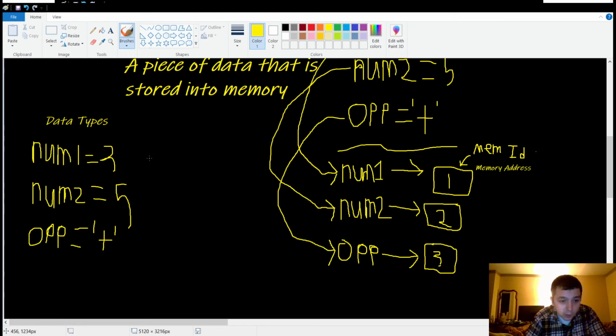So what are these? What are these, 3 and 5? Well, they're numbers, right? They're numbers.